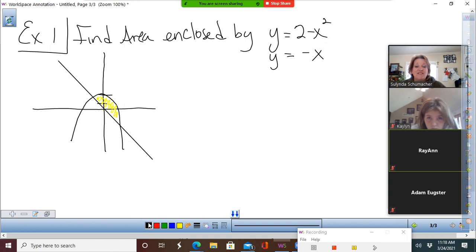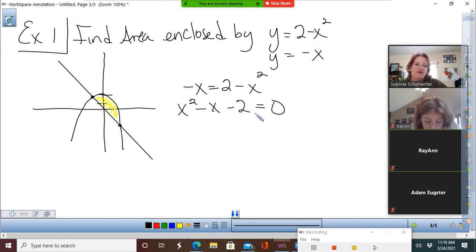All right, so first we have to find out where these 2 points are. We need these, right? To do that, we're going to set these equal to each other. So I have negative x equals 2 minus x squared. I'm going to move everything over to the left. So I get positive x squared minus x minus 2 equals 0.